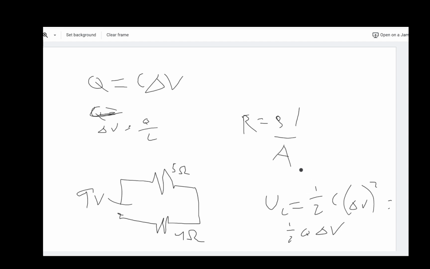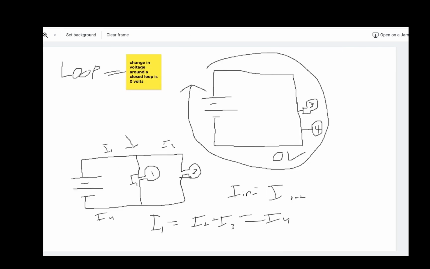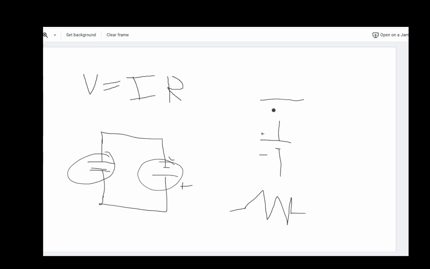One more thing. When you're trying to find the amount of charge and the capacitance between two plates, if you go back here real quick, there's my capacitor. This can be when the capacitor is charged.